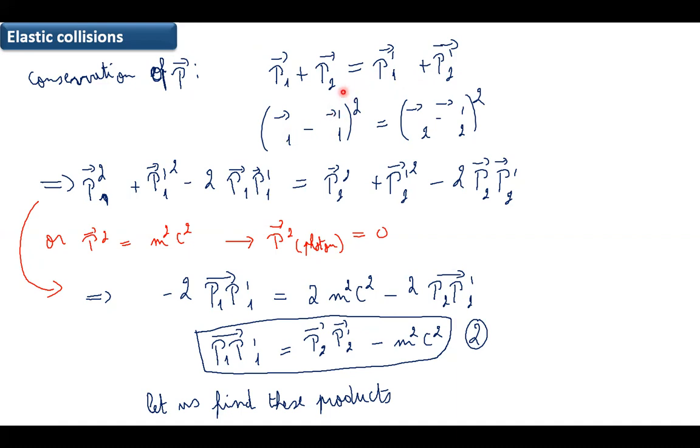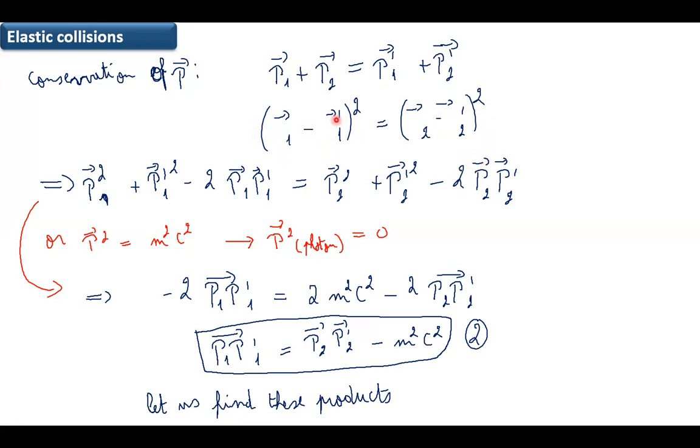So we put the terms corresponding to 1 on this side, the terms corresponding to 2, which is the electron, on the other side. So P1 minus P prime 1 is equal to P2 minus P prime 2, and we square the equation.